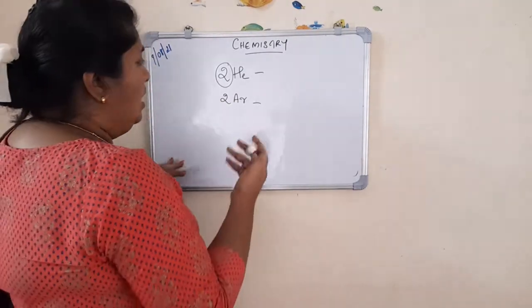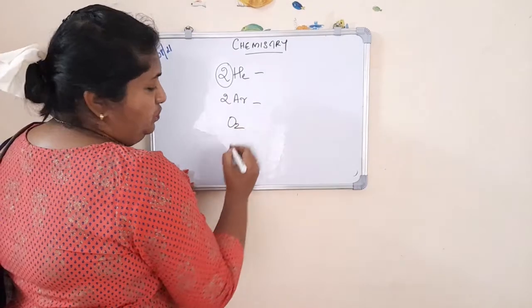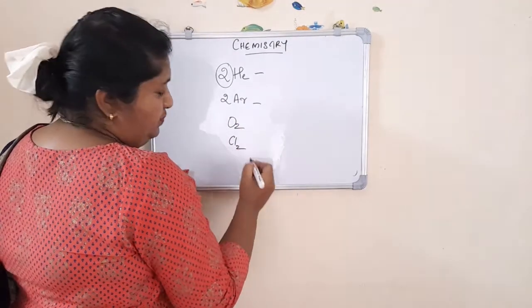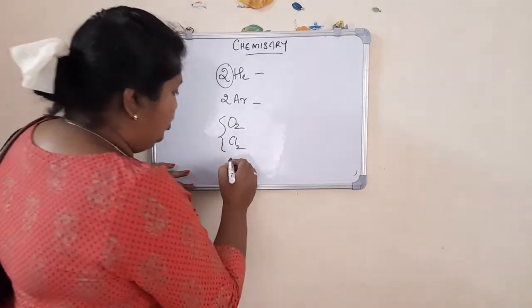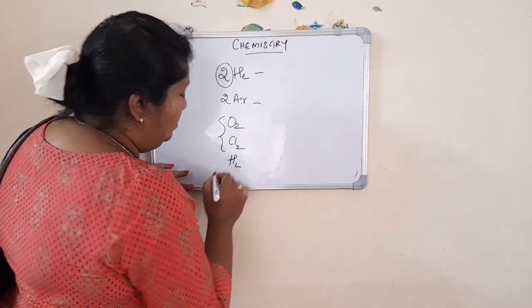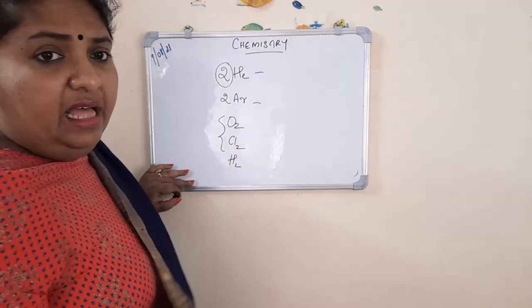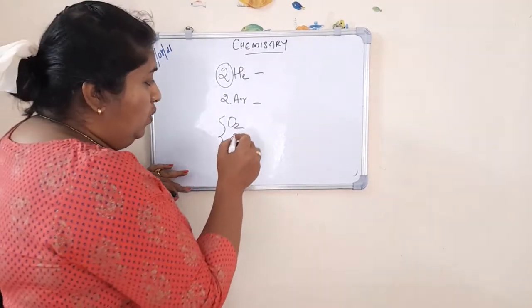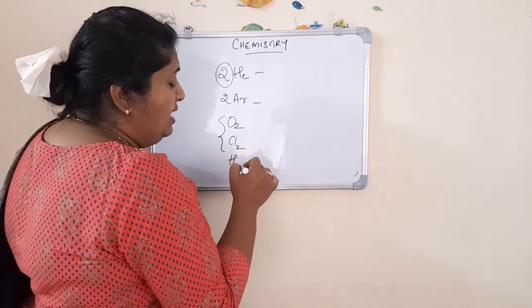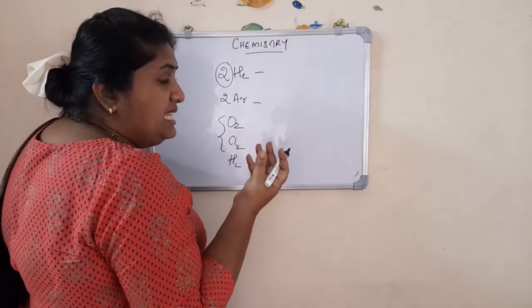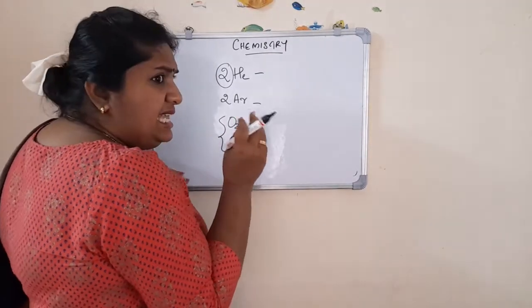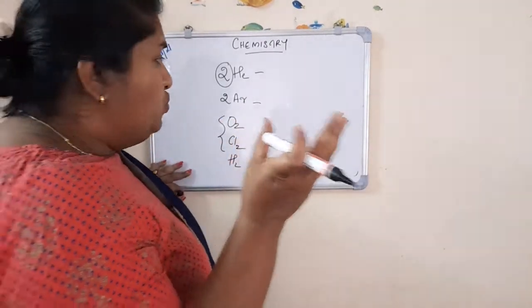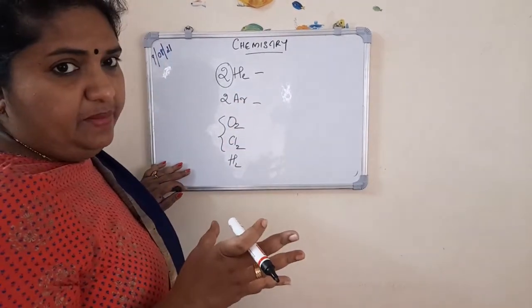Now, see, O2, Cl2, H2. Here these O2, Cl2 and H2 are not a single atom, but 2 atoms are combined together here, isn't it?